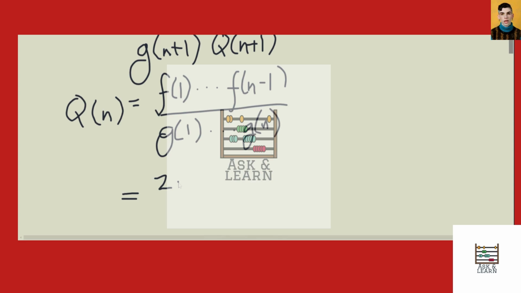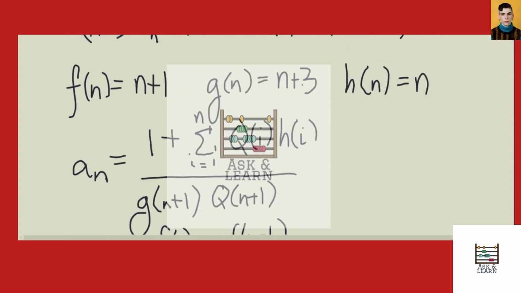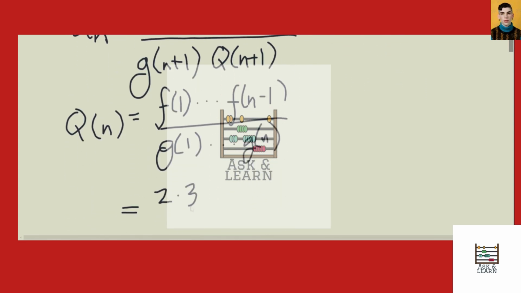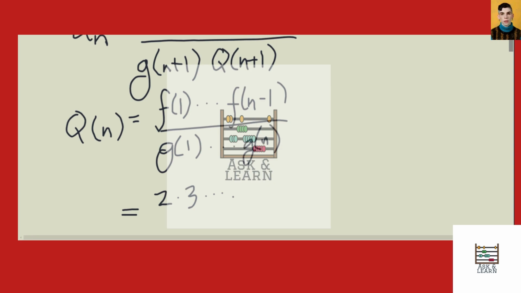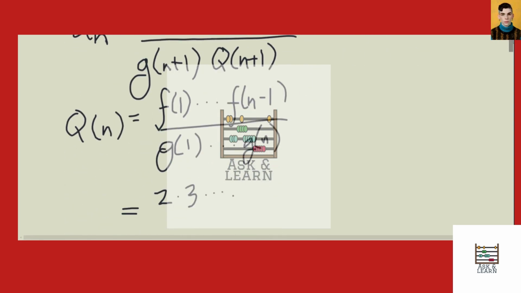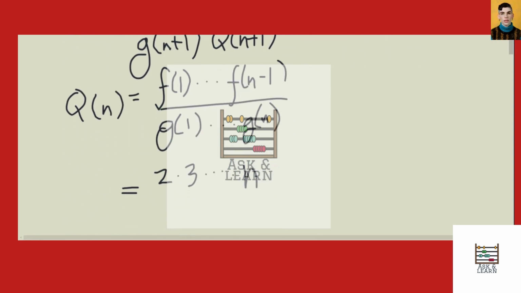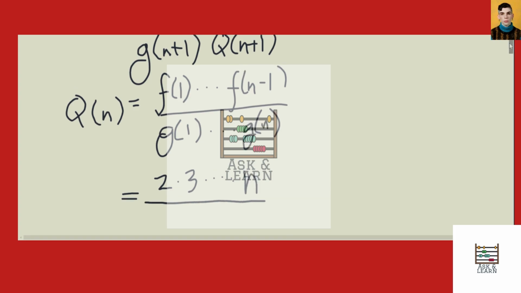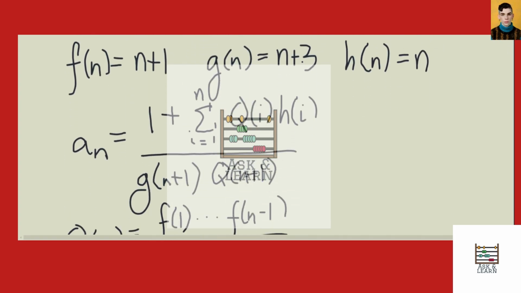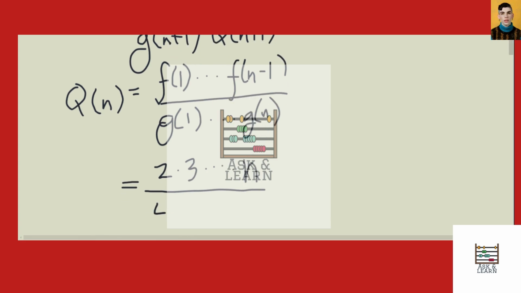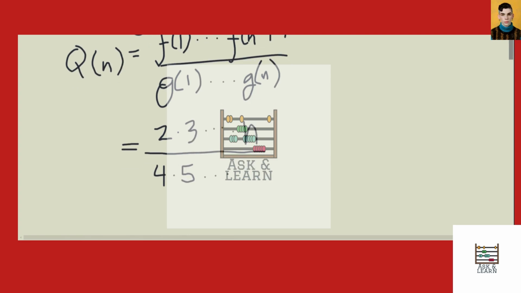Then f(2) is n plus 1 evaluated at 2, which is 3. We want to multiply all these together all the way up to n minus 1 plus 1, which is n, all over g(1), which is 3 plus 1, which is 4, and then times 5 all the way up to n plus 3.